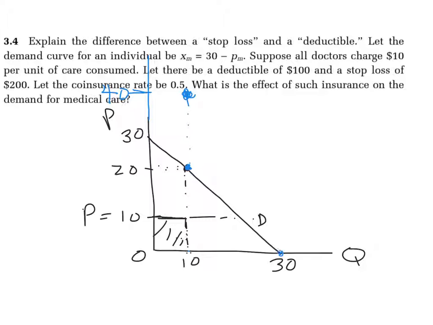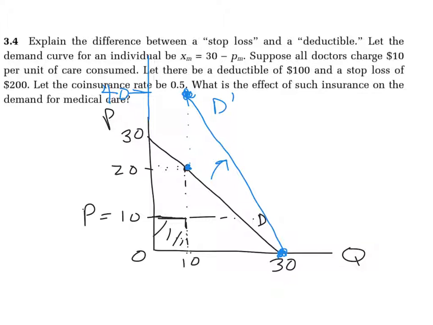Well, we know that the x-intercept is always on that shifted demand curve. So we've got 2 points on a straight line. We'll call this D prime.